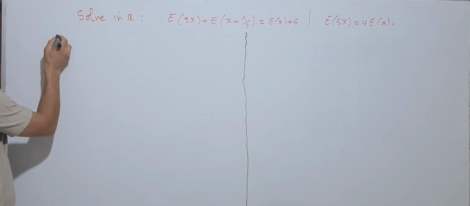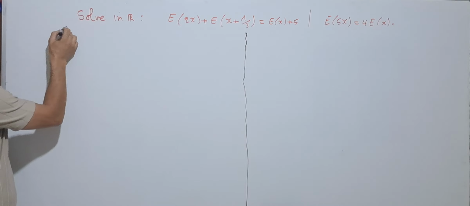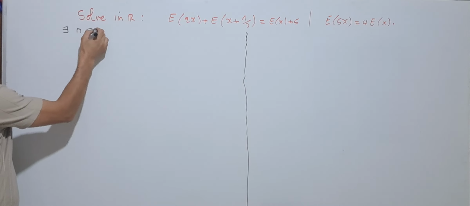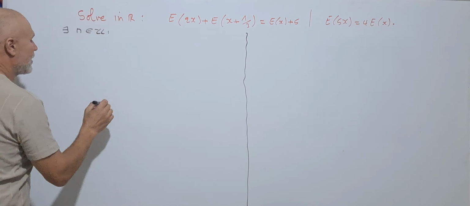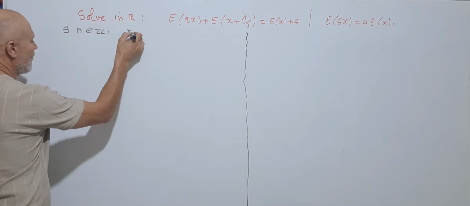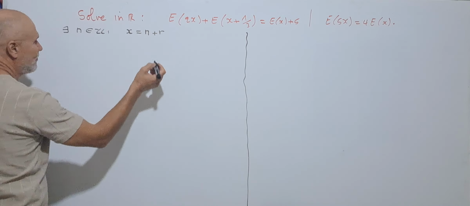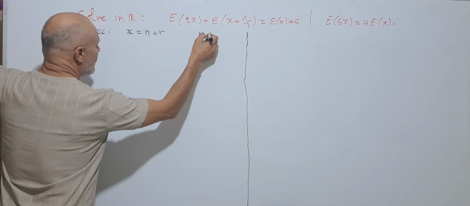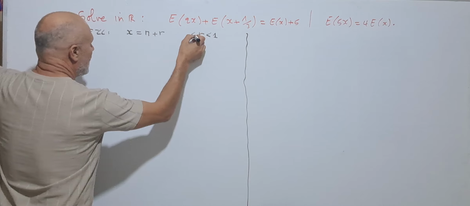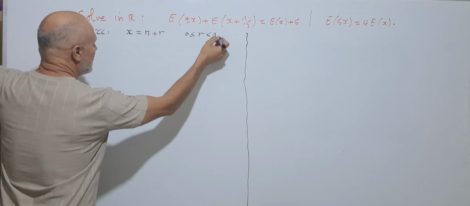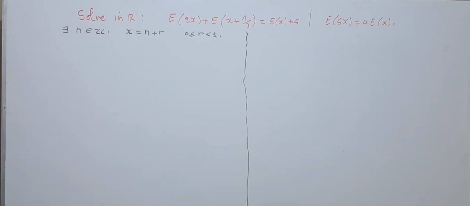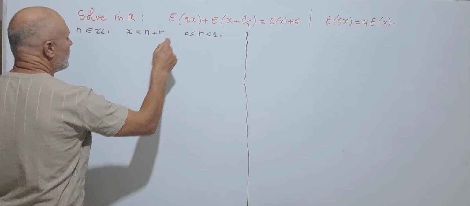There exists a unique integer number n such that x equals n plus r, and r is strictly less than 1 and greater than or equal to 0. Here we have 2x.